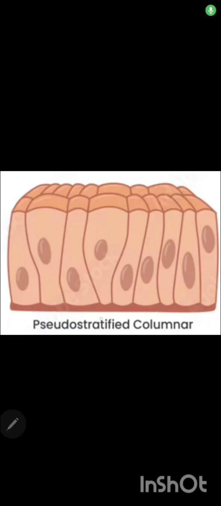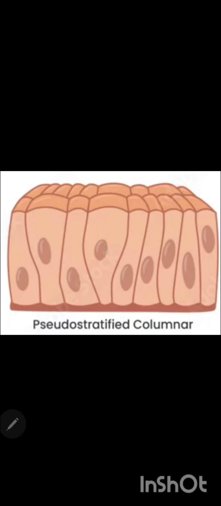Next, this diagram is the example of pseudostratified columnar epithelium. Why is it called pseudo? Pseudo means false. What is false? We are watching in this diagram that the position of the nuclei is not aligned, but they are placed at uneven levels, and this uneven position of nuclei makes it look like multiple cell layers.